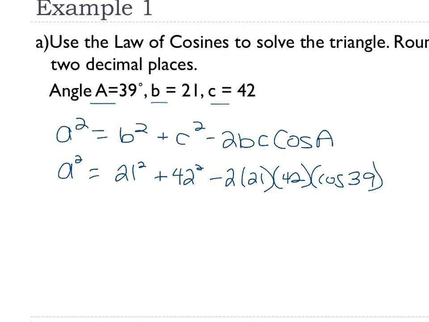So 21 squared plus 42 squared minus 2 times 21 times 42 times the cosine of 39. And I get 834.114524. Do not round that. Square root it without rounding it.